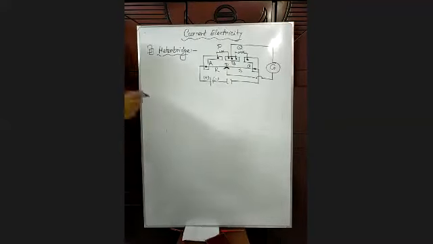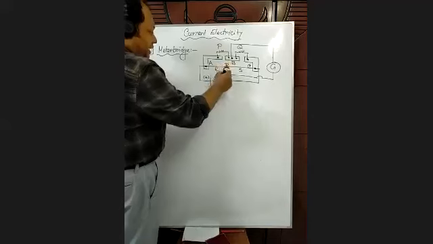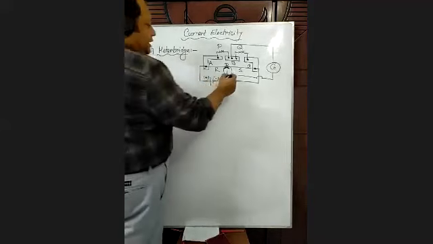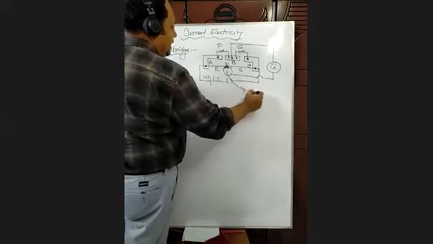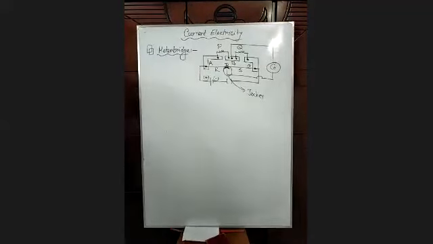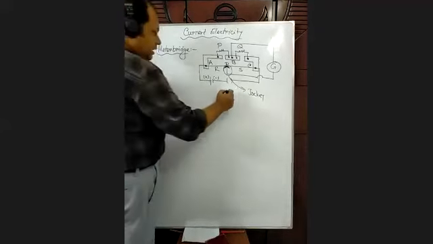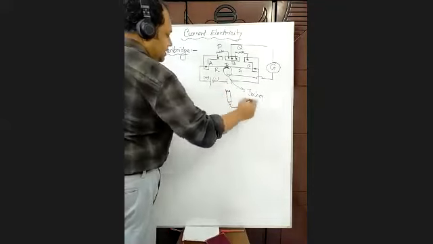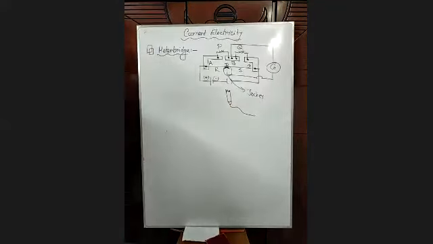Okay, then what? There's an arrow sign here which I indicate at point D. This arrow sign has another name. It is called a jockey. A jockey is just like a pen which has a wire connected to it.